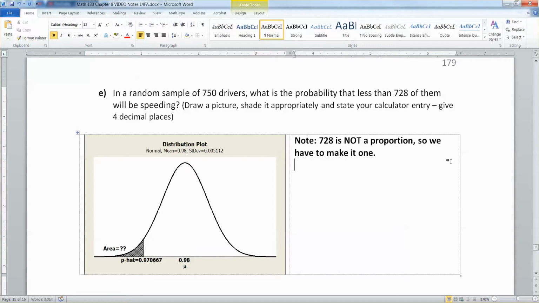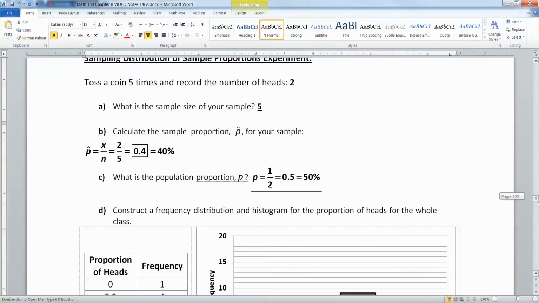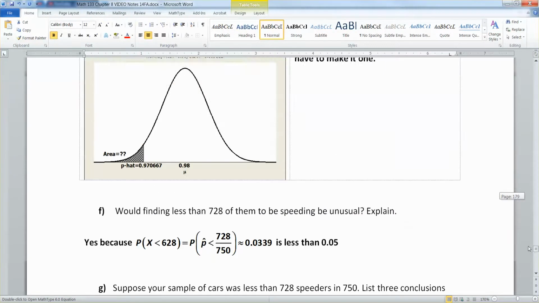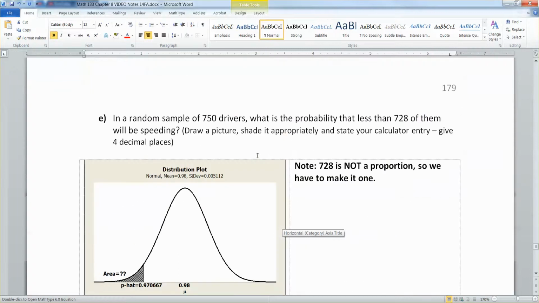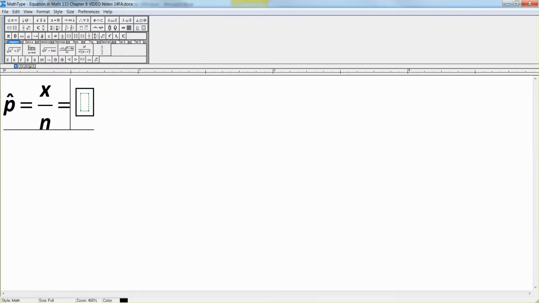Now there's a formula for p hat that we saw way back at the beginning, right there. P hat is x over n. Oops, I'm running out of space. There we go. Okay, p hat is x over n, which is, in this case, 728 over 750 because n was 750.